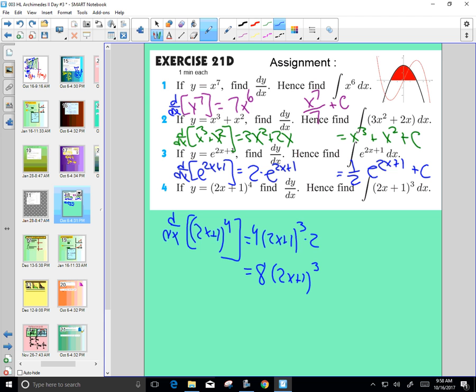And now when I see this one here, what don't I see? I know that this is going to be equal to 2x plus 1 to the 4th over 4, but there's something that I don't see that I'm going to need. The 2, yeah. You're going to need a 1/2 in there.